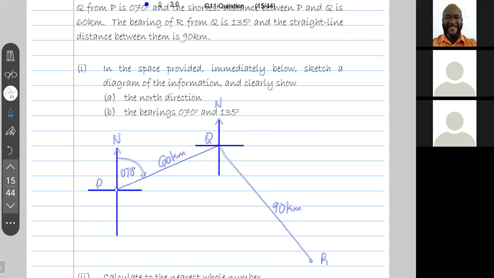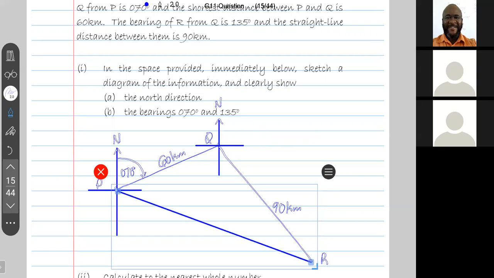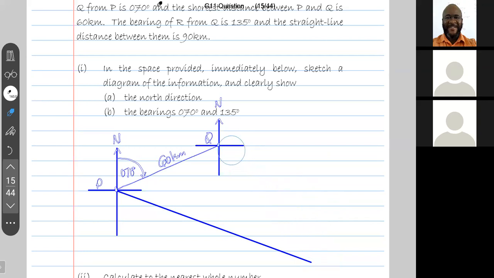And if I want, I could complete my triangle by connecting R back to P. So if I wanted to, and I'm being picky, I guess I could give a nice straight line here. All right, this is R, and this is 90 kilometers. The angle here is 135 degrees.